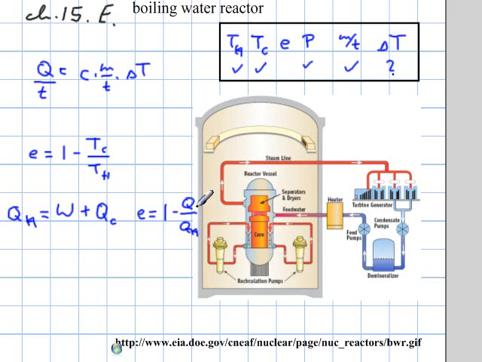So like that. And when I plug one of these equations into the other, for example, I can write E equals 1 minus QC over work plus QC, that's what I meant to say.